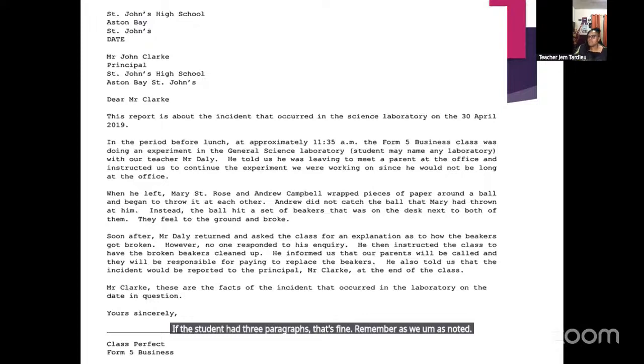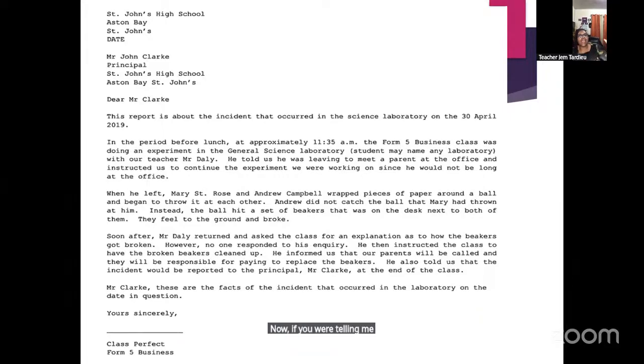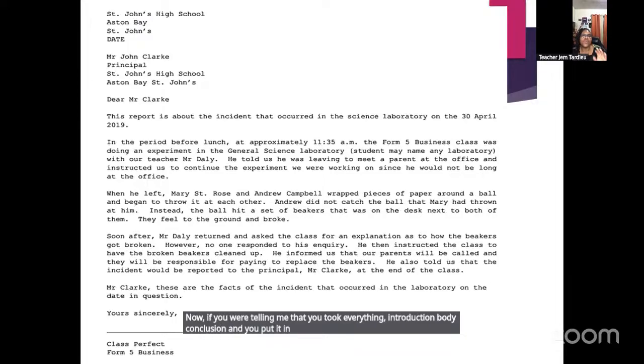there's no prescribed way that a student would put information, but we want to see that you can take the information and organize it well. So there's an introductory paragraph. Now, if you were telling me that you took everything, introduction, body, conclusion, and you put it in one paragraph, we will have a little problem when it comes to organization.